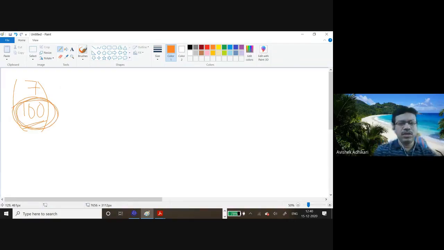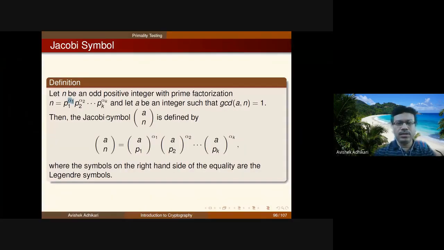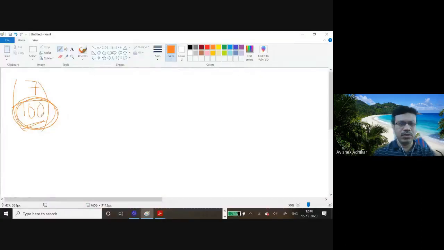It has to be an odd composite number, an odd positive integer. So it's not 100. Maybe, for example, 3 squared into 5, say 45. I was a little wrong here, so I can replace it.